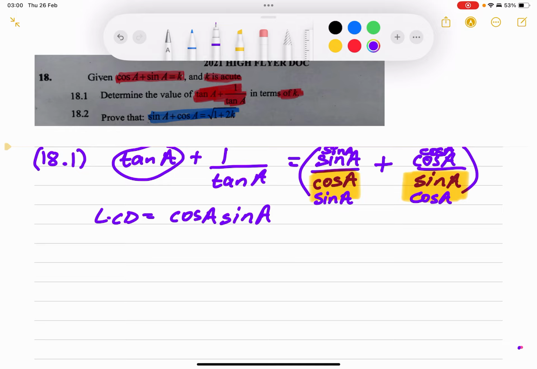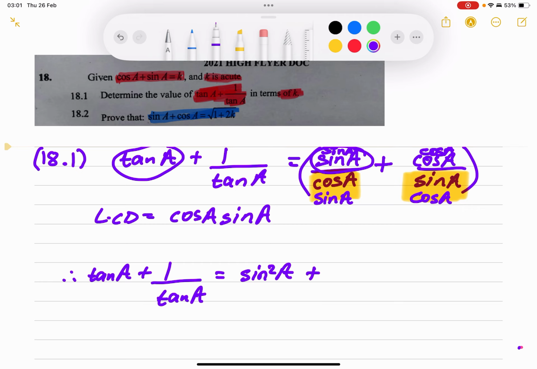Okay? Therefore, we're going to have tan A plus 1 over tan A being the same as sine times sine, which is sine squared A, plus cos times cos, which is cos squared A, all over the LCD, which is sine A cos A, or you can say cos A sine A. The order doesn't matter, because you multiply.